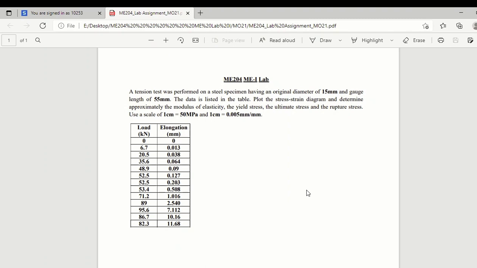Plot the stress strain diagram and determine approximately the modulus of elasticity, the yield stress, the ultimate stress, and the rupture stress. Use a scale of 1 centimeter equal to 50 megapascal for stress, and 1 centimeter equal to 0.005 millimeter per millimeter for strain. Is this one clear?